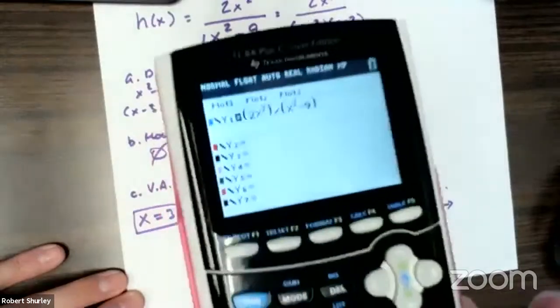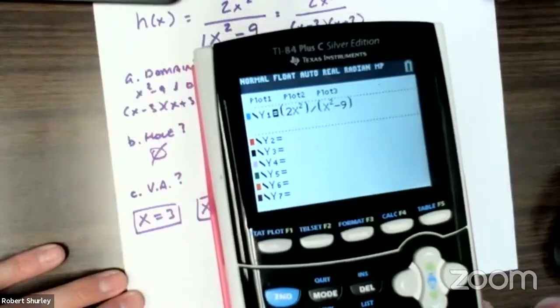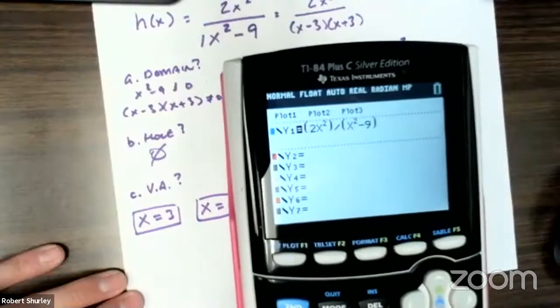Does it look like that? No, why doesn't it? Go back to your y equals. Does it look just like that? Maybe I was on the wrong one. It looks like nothing but a horizontal line. No, I'm talking about the actual equation.